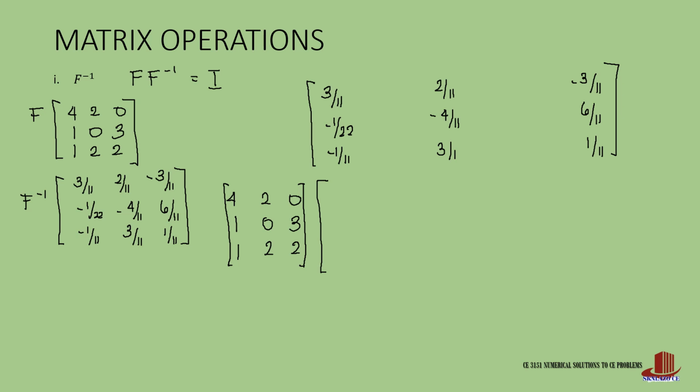First, we're going to work with our first row, with the first column, which would give us 4 times 3/11 minus 2 times 1/22 minus 0.